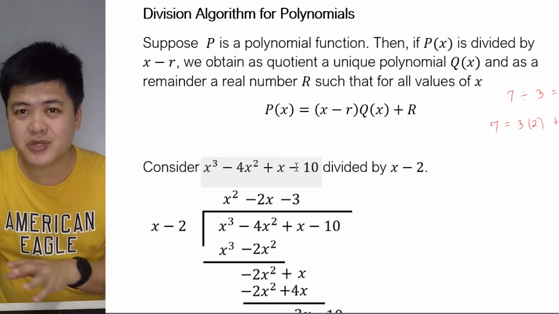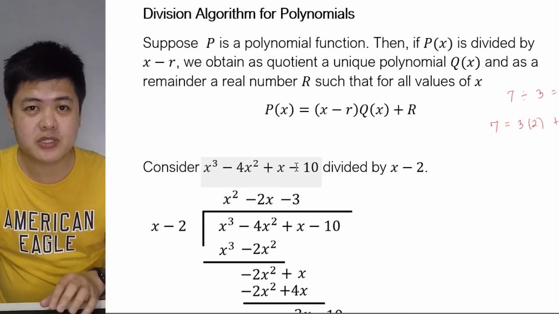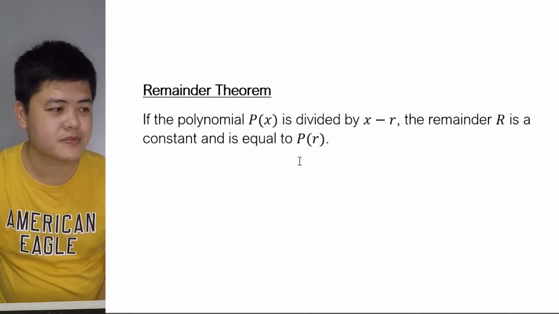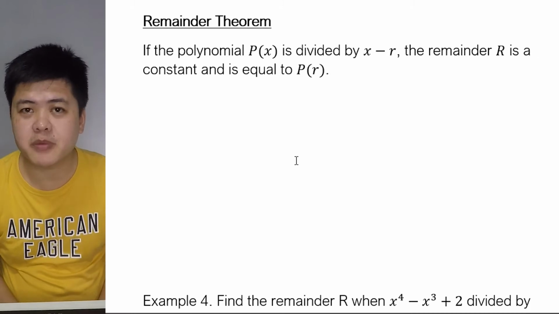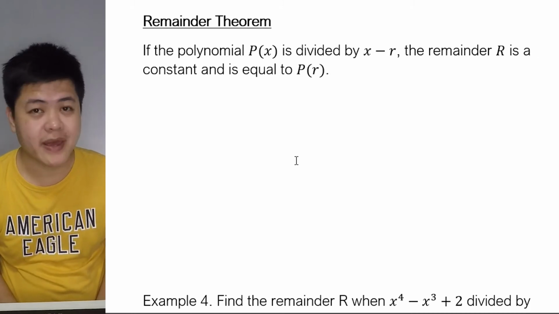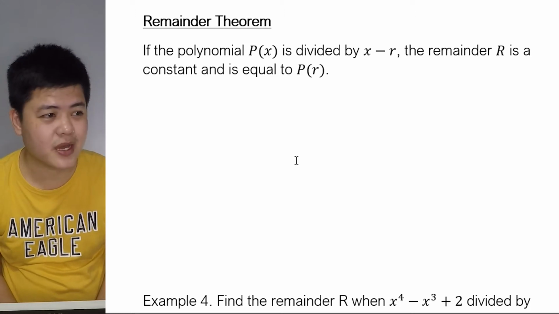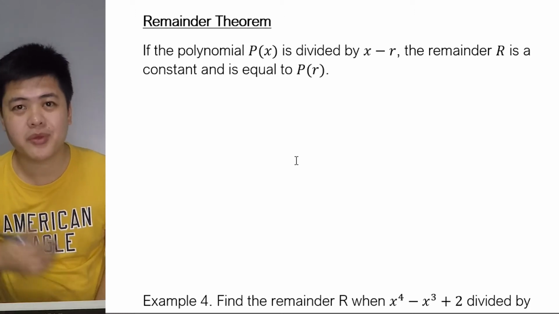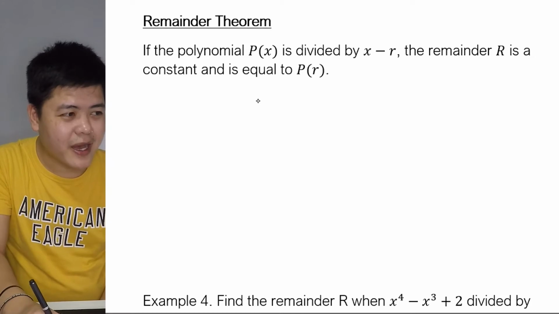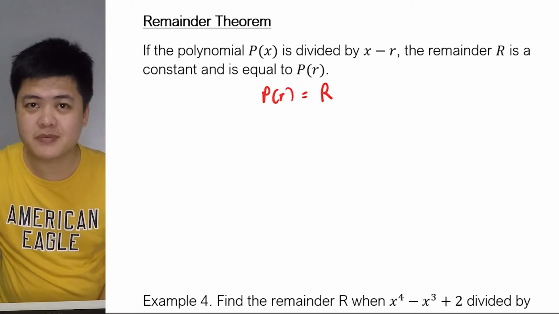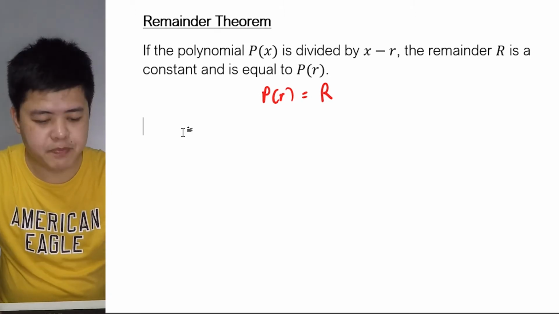But for us, we'll just consider a case where the divisor is of the form x minus r. So if the polynomial p of x is divided by x minus r, the remainder r is a constant and is equivalent to p of r. So, p of r is equal to the remainder. We have to show this, so let's write the proof.